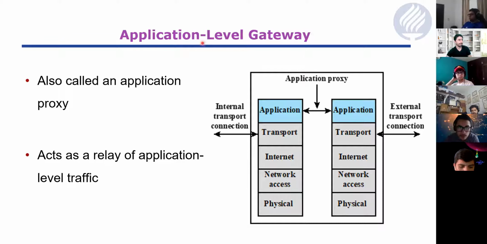Also, you can have application level gateways, also called application proxies, which sit on the application layer of the network and act as a relay of application level traffic.